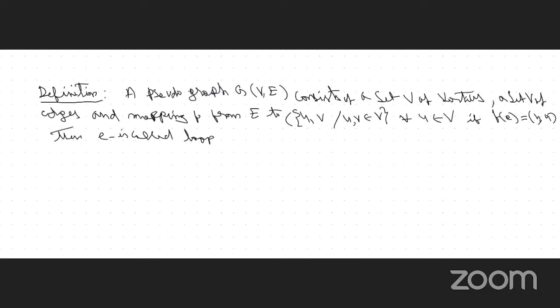For example, V1, V2, V3, V4 is an undirected graph.